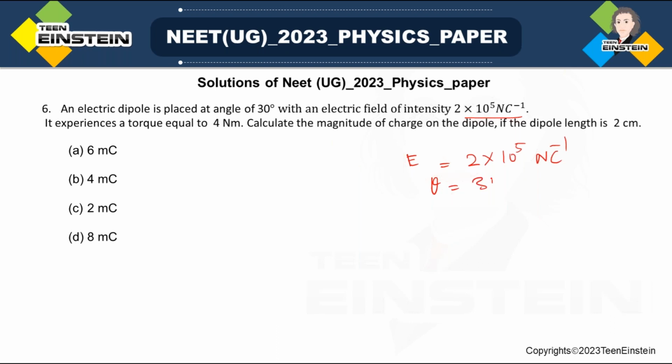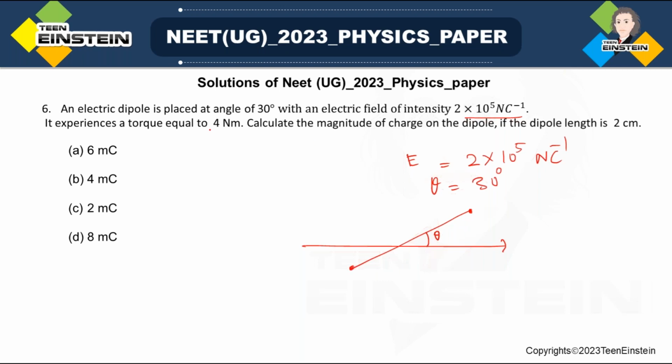What is theta? Theta is 60 degree. So the theta is like this. If this is the electric field, then a dipole is kept like this at angle theta. So these are the dipole ends.